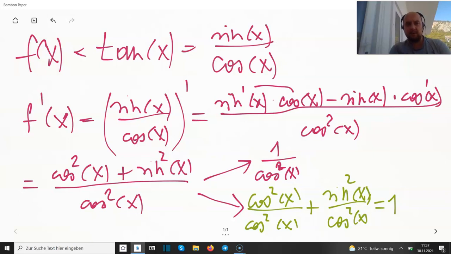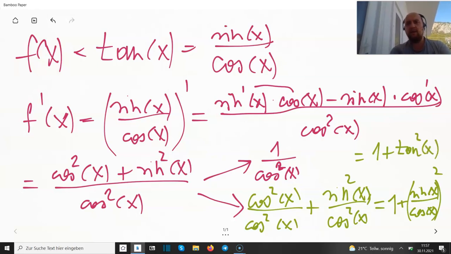I can take, using the power rules, the second power outside of the fraction, and then I'm going to have sine of x divided over the cosine of x. Then I square the fraction, and at the end I just have 1 plus tangent squared of x. So these two are equal. All right, let's put it down this way. So they are truly equal, and we are literally having the same result here.